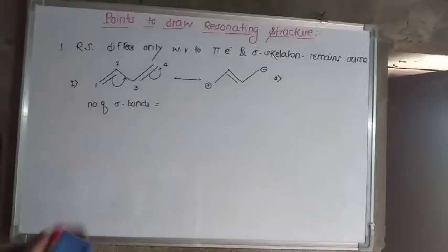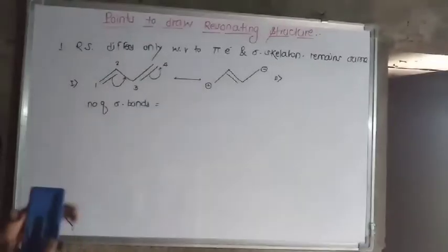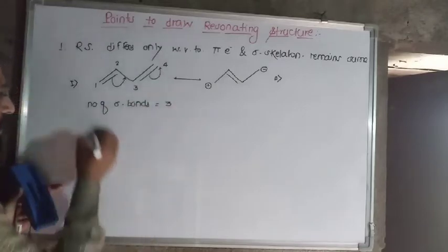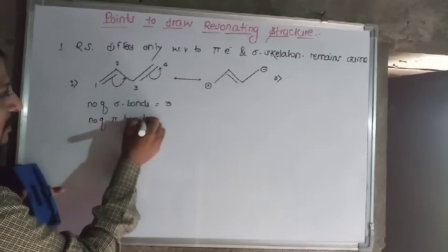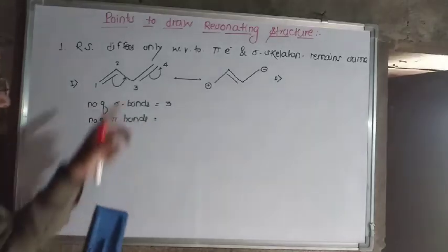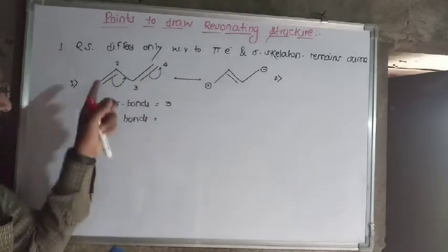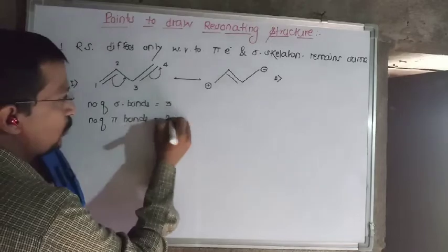So see, if you observe these two structures, this is the first structure and this is suppose the second structure. In the first structure, if you count the number of sigma bonds, 1 2 3 sigma bonds, isn't it? And the number of pi bonds or pi electrons, if you count the double bonds, 1 and 2, two pi bonds are there.